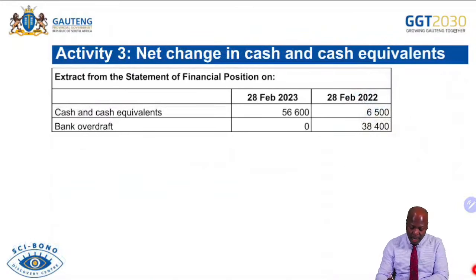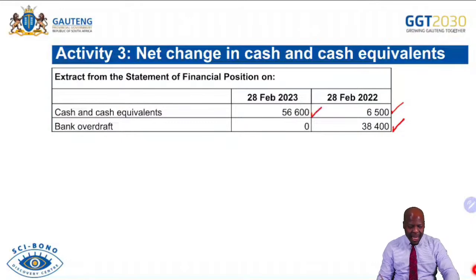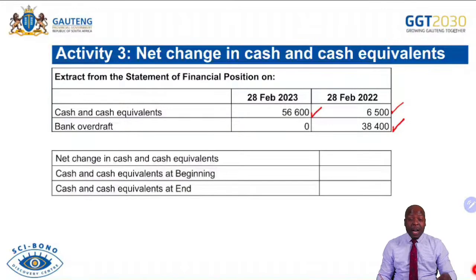This is how they did in the Eastern Cape. They brought in 2022 cash and cash equivalents, then they had a bank overdraft. Are you following? And then in 2023, they only had cash and cash equivalents. So we now want to see how would we calculate the net change in cash and cash equivalents. Remember, there is two ways in which you could have done this.